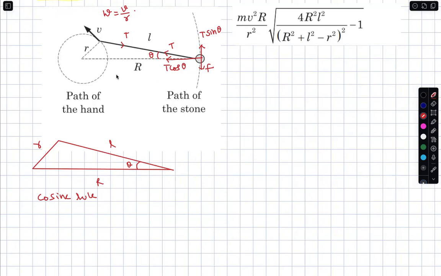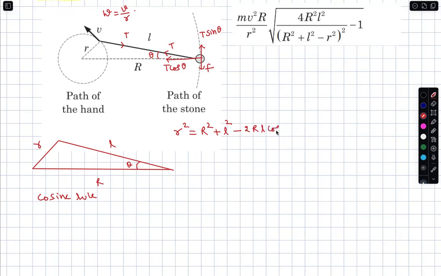Why? This T cos theta supplies the necessary centripetal force. Okay. Therefore, what you can do is the cosine rule: small r square is equal to capital R square plus L square minus 2RL cos theta.